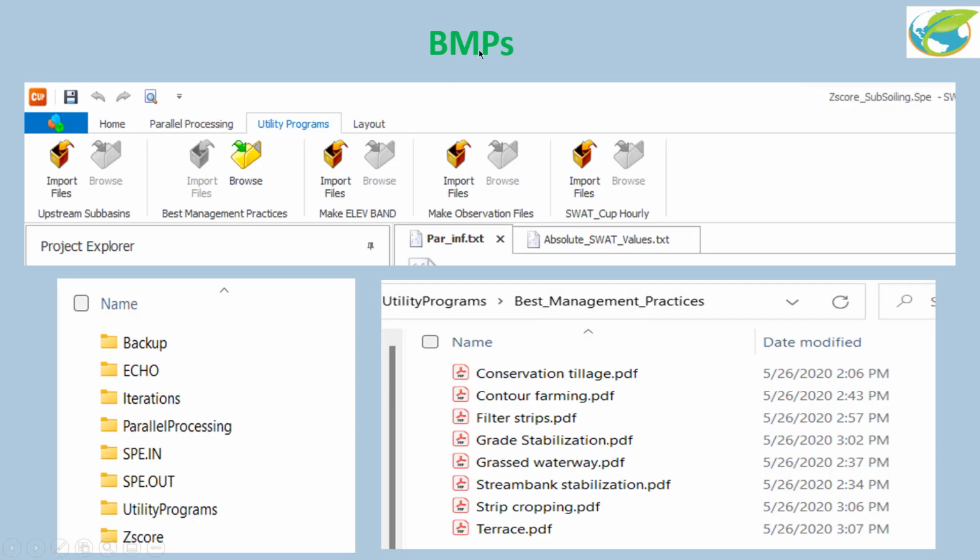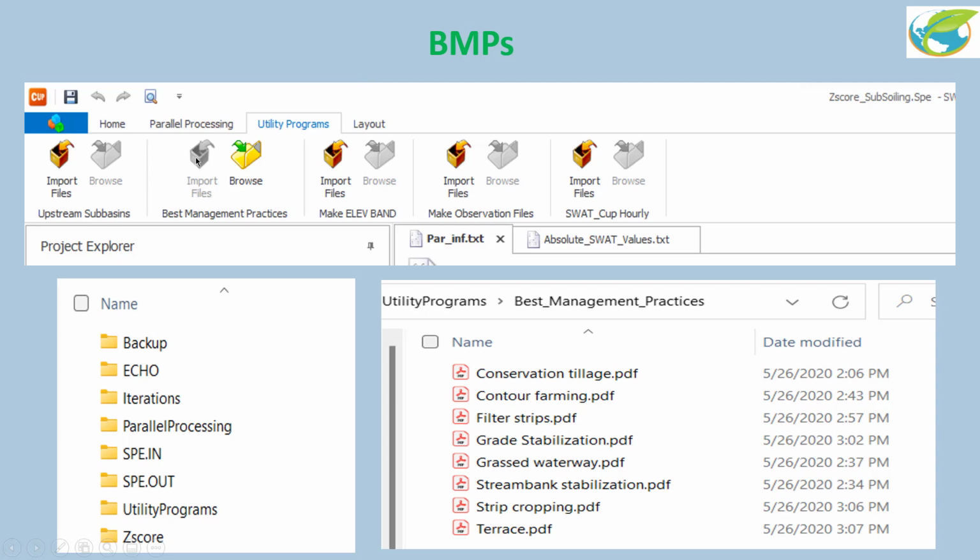Now, BMPs in SWAT programs, there are several different options for BMPs. In SWAT-Cup, I sort of addressed this, but I never got a chance so far to really complete this step.